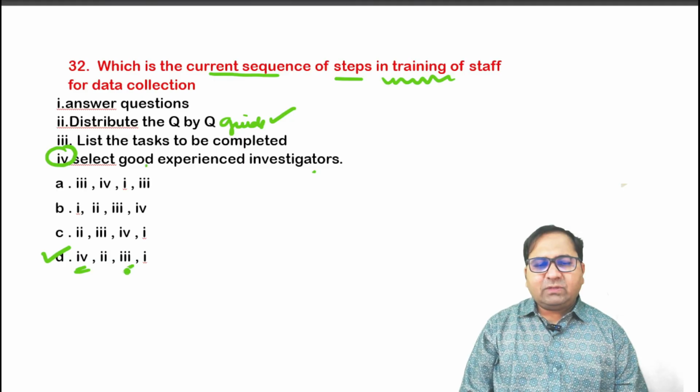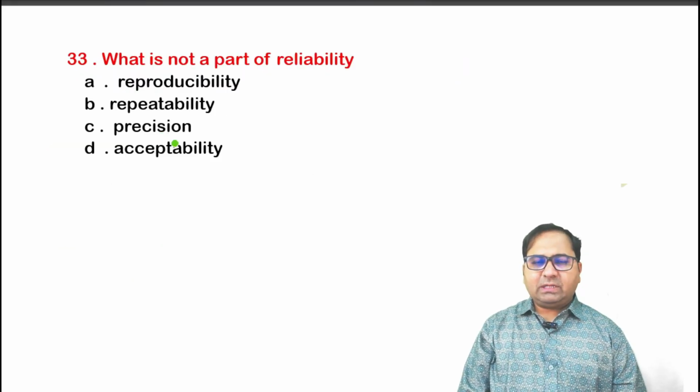Next you list the tasks to be completed. Finally you answer the questions. So the answer for this question is this option, but I have explained the series of steps in training of the staff for data collection. Now let us go to the next question.